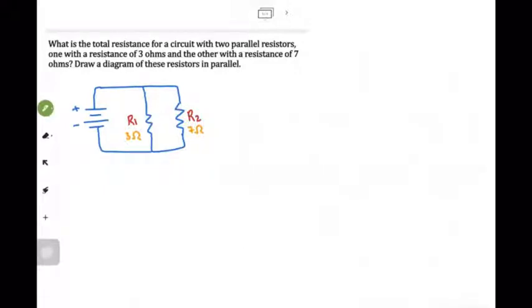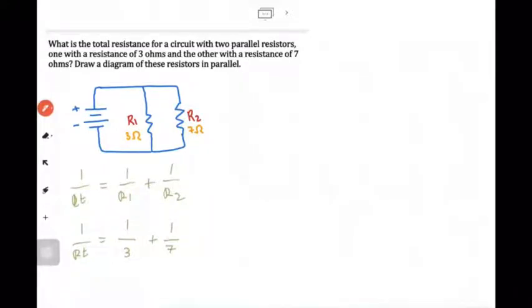Here we have a circuit with two parallel resistors. The equation is 1/R_t = 1/R_1 + 1/R_2, so 1/R_t = 1/3 ohm + 1/7 ohms.